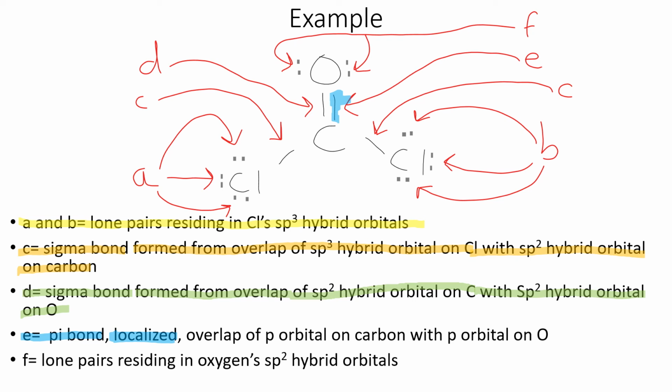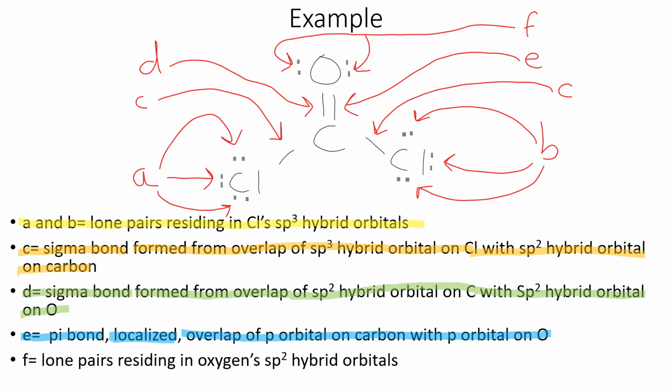What do we have left over? A p orbital. So it's those leftover p orbitals, one from oxygen, one from carbon, that are overlapping to form that pi bond. So for E, we have a pi bond. It's localized. There are no resonance structures. And it results from the overlap of the p orbital on carbon with the p orbital on the oxygen.